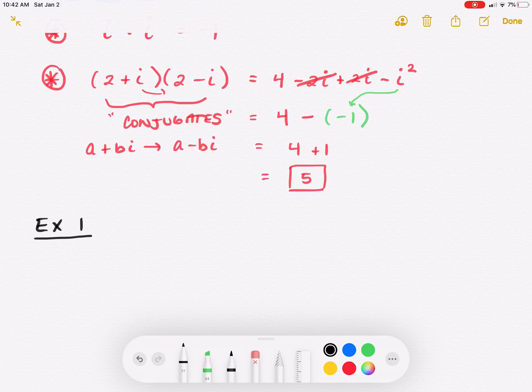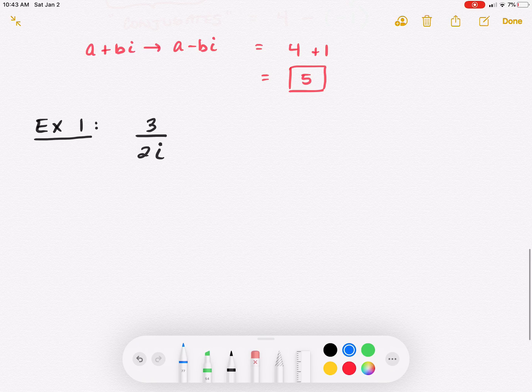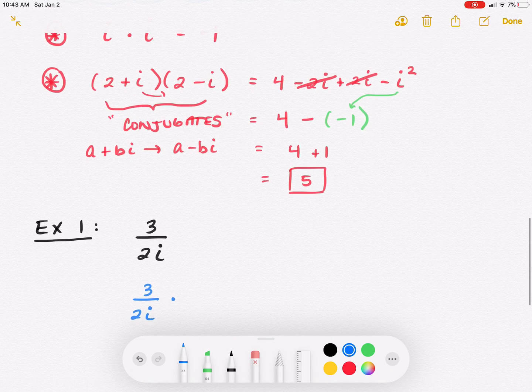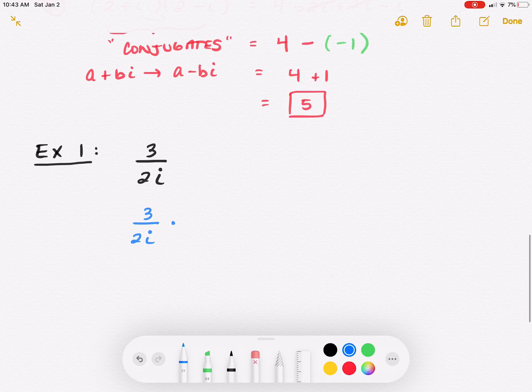So example 1, suppose we have 3 divided by 2i. Now, there's nothing to divide here, so what we really are doing is rewriting this without the i in the denominator. So let's use that first key concept, that we know that if we multiply this by another i, we can then replace that with a negative 1. But we're going to multiply by i over i because, again, this is really just like multiplying by a fancy form of 1.